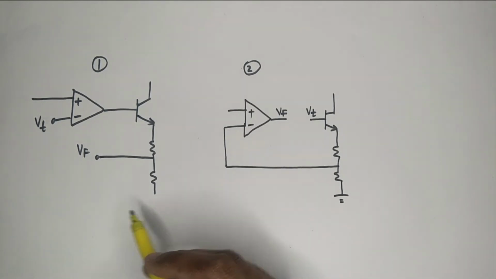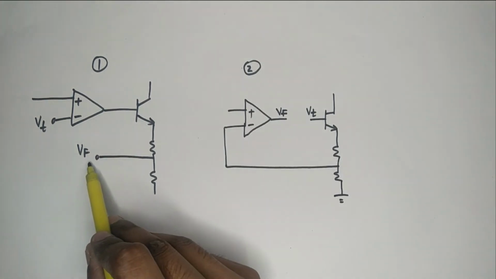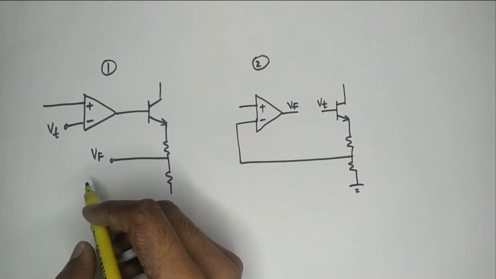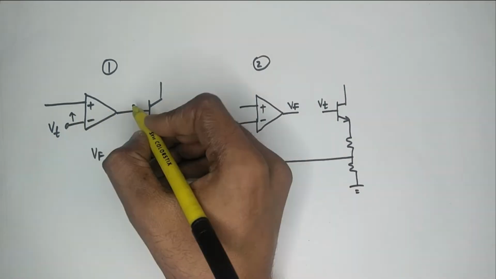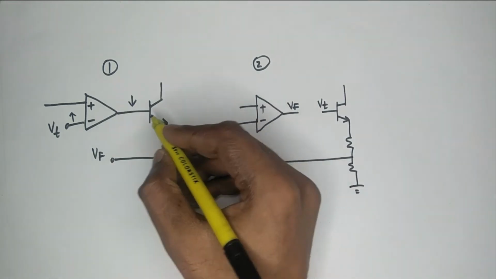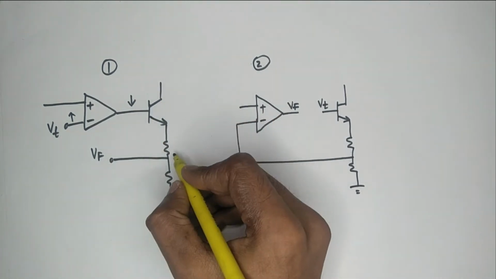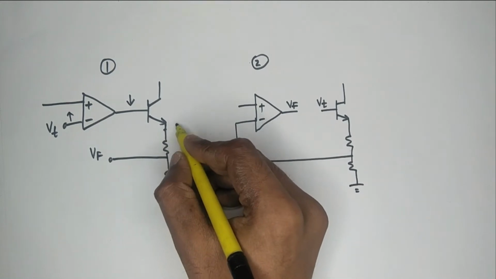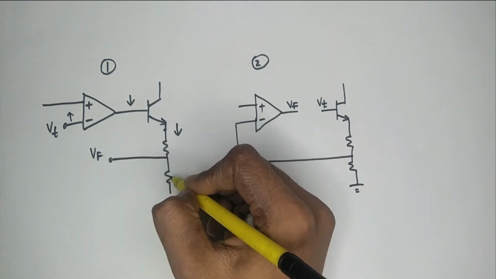Now we have given a test signal Vt and we are checking the feedback signal Vf, how it will respond. If we apply a small positive change at Vt, we see that there will be a decrement in the output of the op-amp, and this is the base terminal of BJT. When this goes down, the emitter terminal goes down and there is a resistive divider.